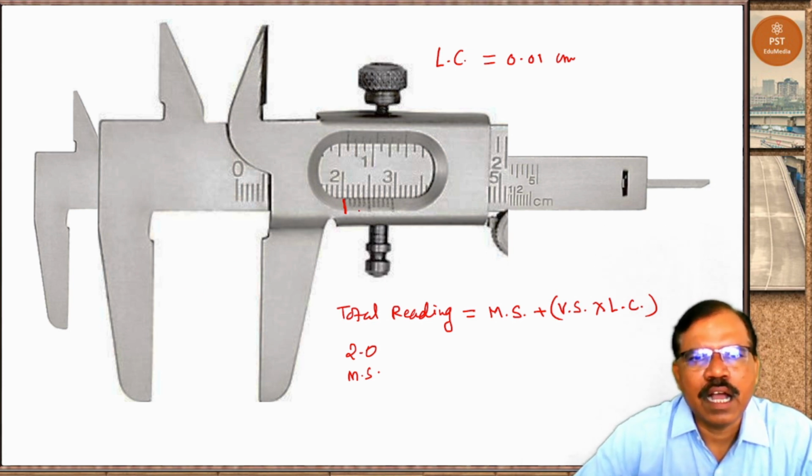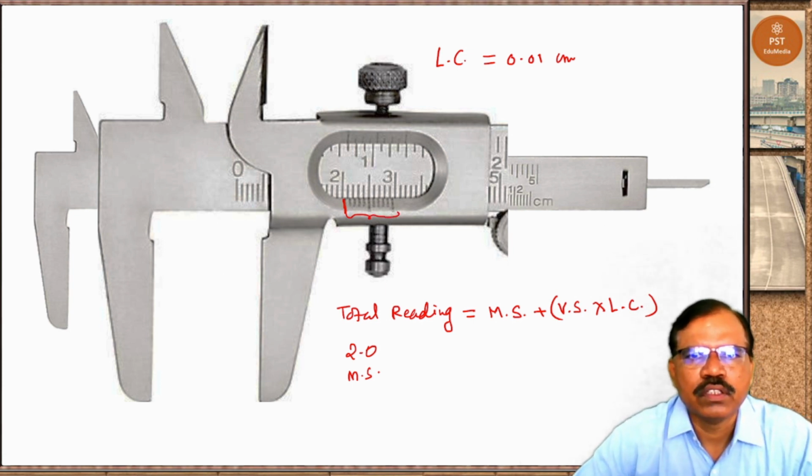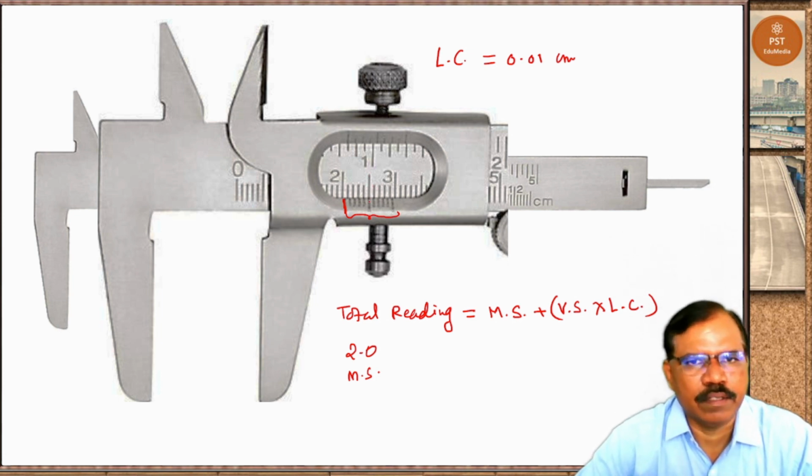And vernier scale, out of these 10 lines, see which line it coincides with lines on main scale. So if we see here, you will see this fourth line coincides with this.